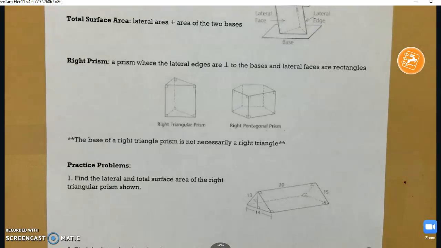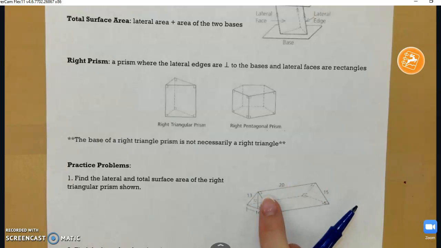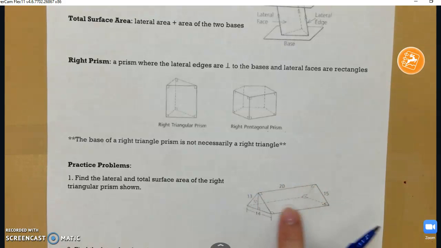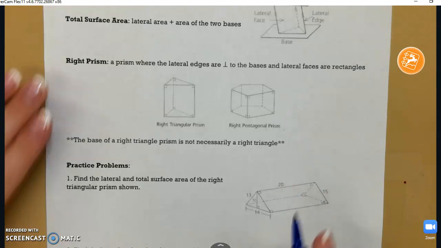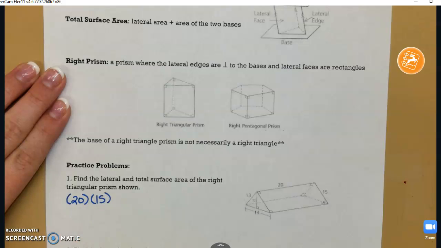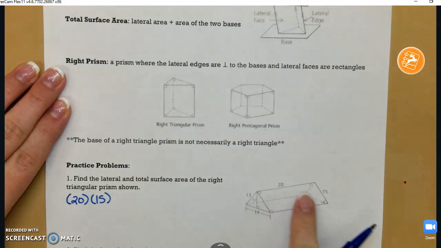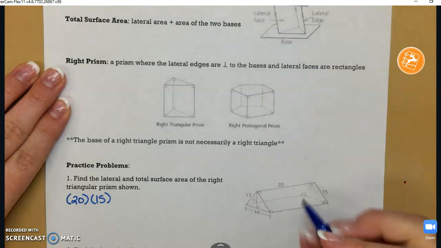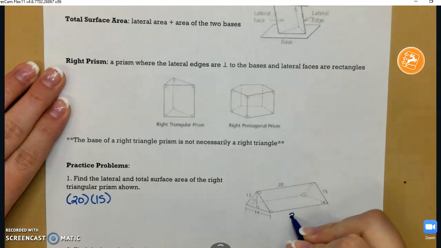If you'll look at how this is labeled, starting with this top front side, I have a 20 by 15 rectangle for this front one. So that area of a rectangle is going to be 20 times 15. For my bottom rectangle, I have 14 by 20. So that one's also going to be 20 along here.